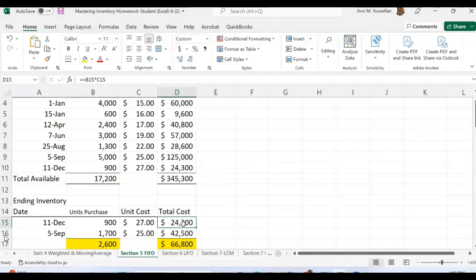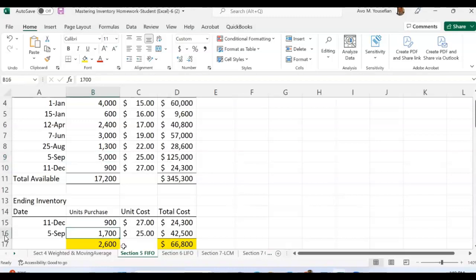24,300. But that's not enough, right? You need 2,600. 900 is not enough. So because 2,600 is not in layer 1, you go one layer up from this September 5th layer, and you pick up the rest from there.